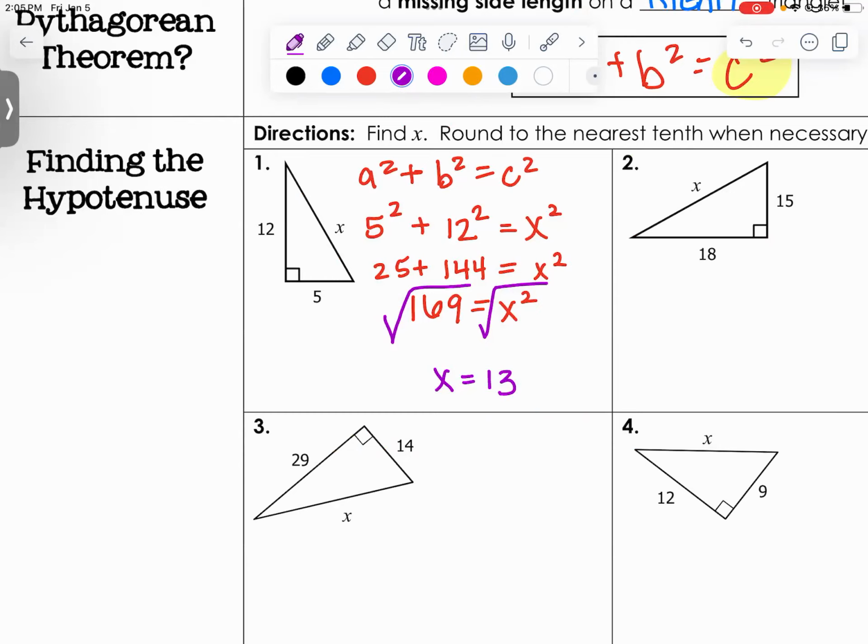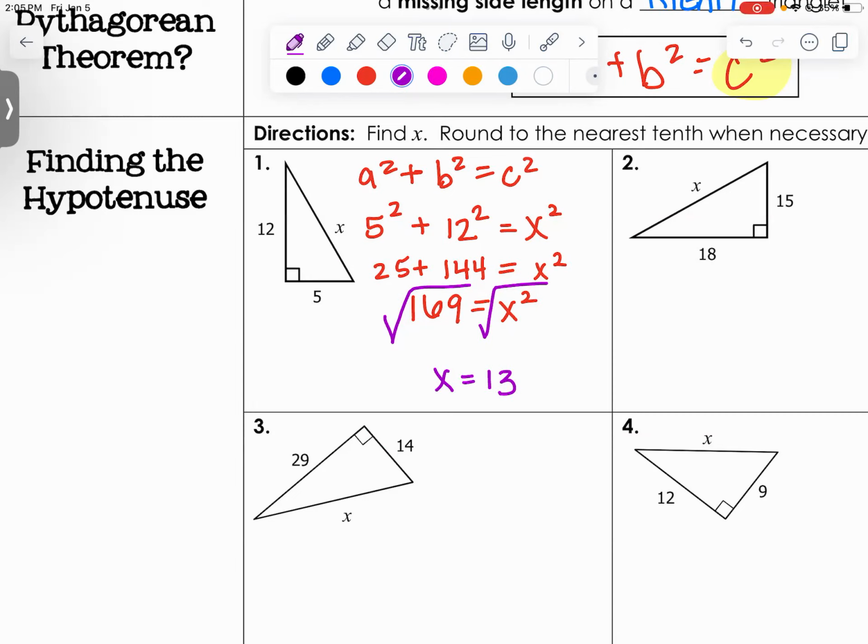Then it's 13. Second, this button, then 169.